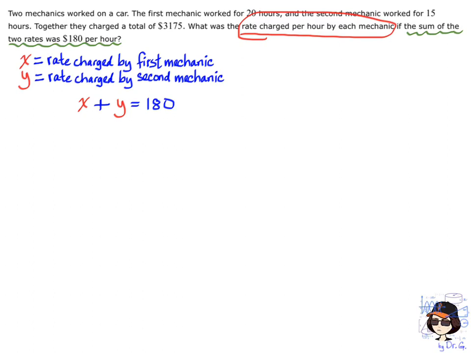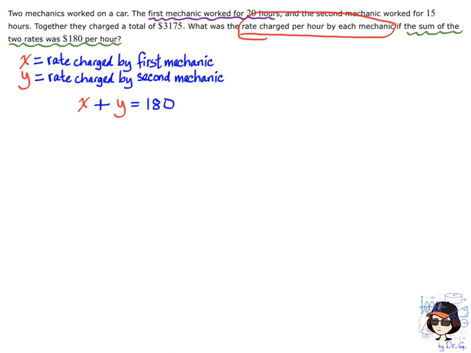Now the second equation is going to be an equation that talks about how much each mechanic charged. Okay, because we are told that together they charged a total of $3,175. So let's figure out how much they each charged and add those two things together.